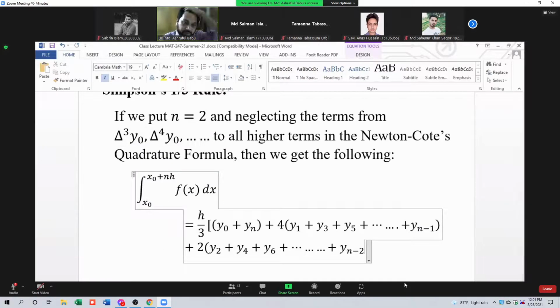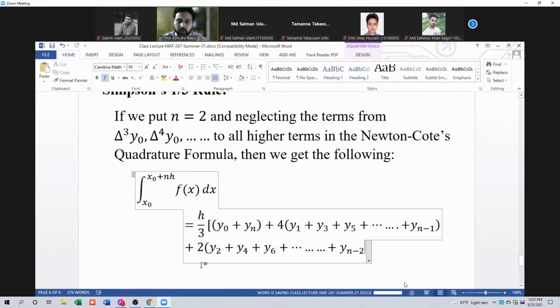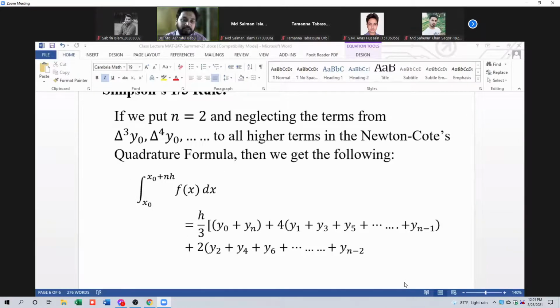Now look at the formula: h by 3, the sum of the first and last ordinates, same as the previous one, and 4 into the sum of the even ordinates plus 2 into the sum of the remaining odd ordinates.